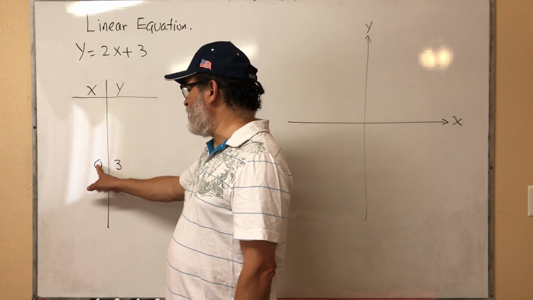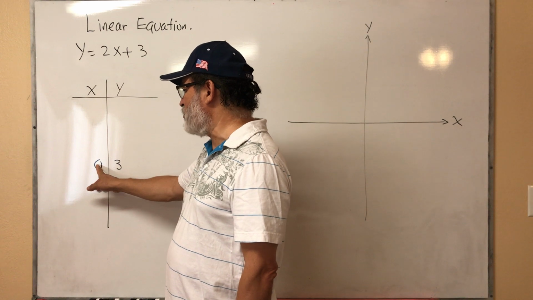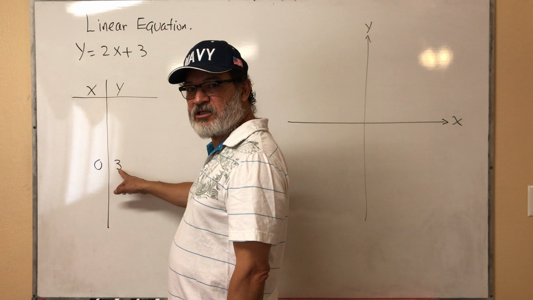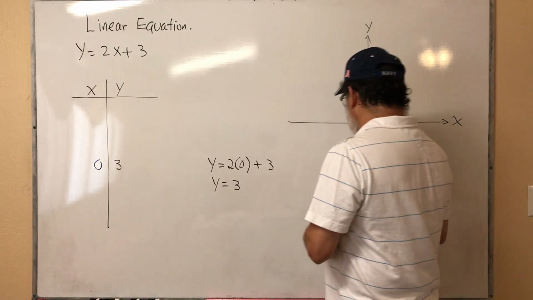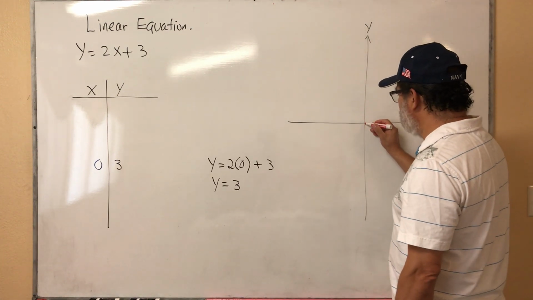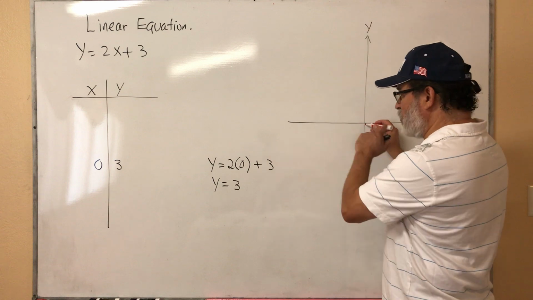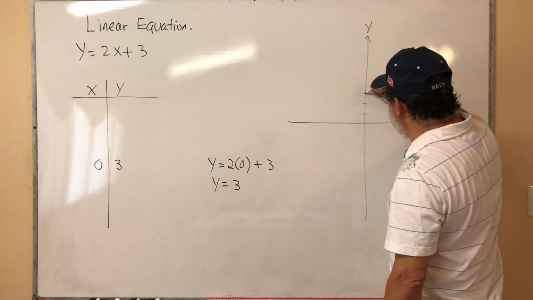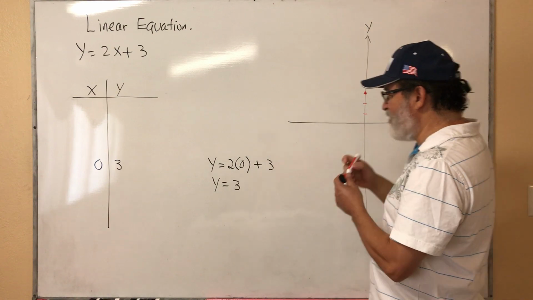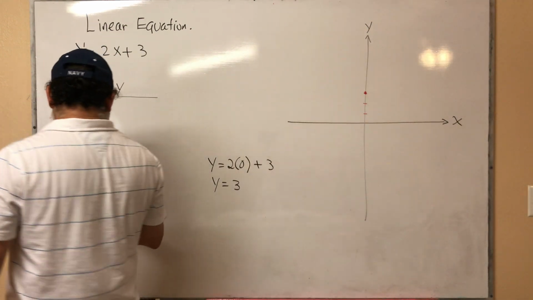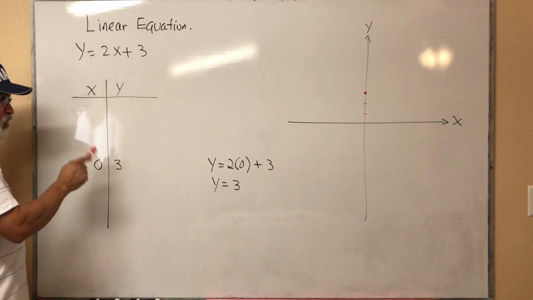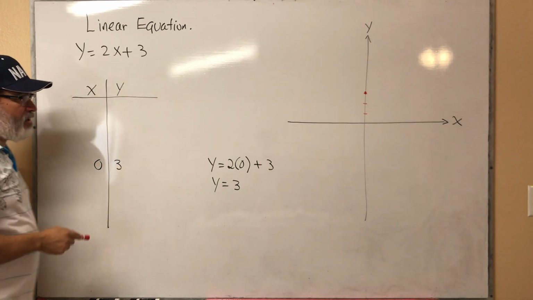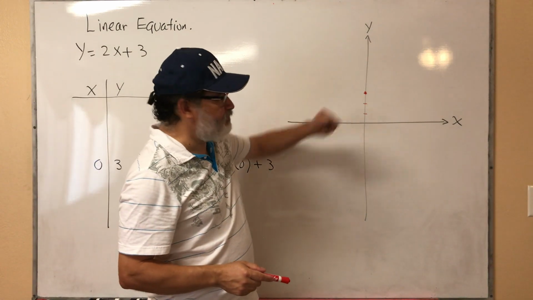You do not move horizontally, but you do move up 3 units. So we start from the origin. Do not move horizontally, but move up. 1, 2, and 3, and this is the first ordered pair that satisfies this equation, and this ordered pair is right there.